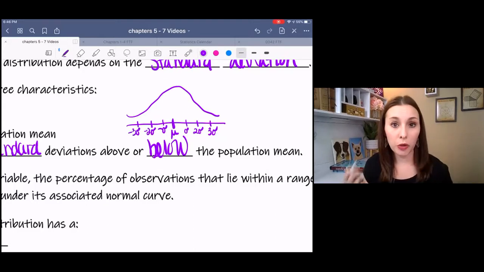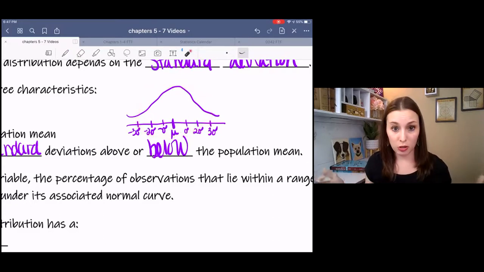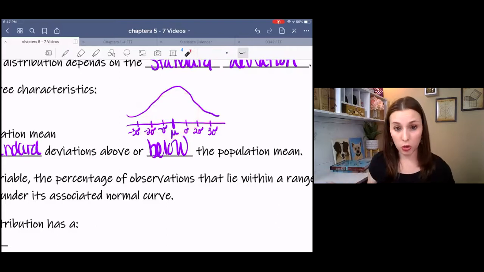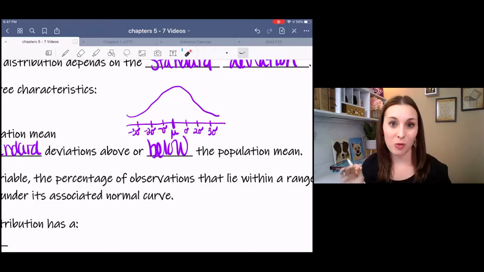And we learned with the empirical rule, as long as your data is normally distributed, that 99.7% of the data lies within 3 standard deviations, 95% of the data lies within 2, and 68% lies within 1 standard deviation of the mean.